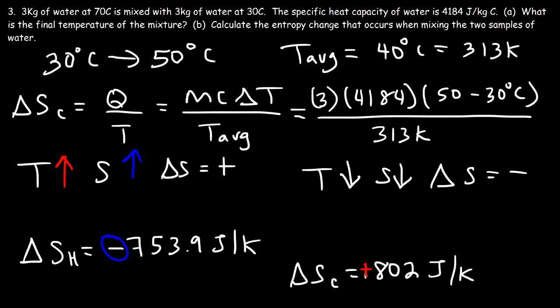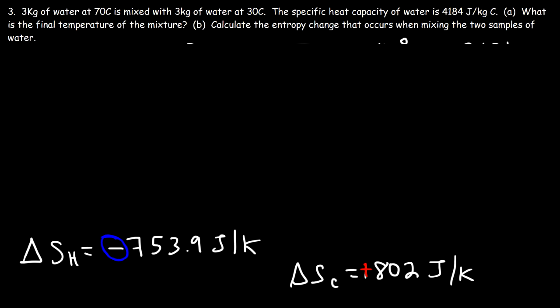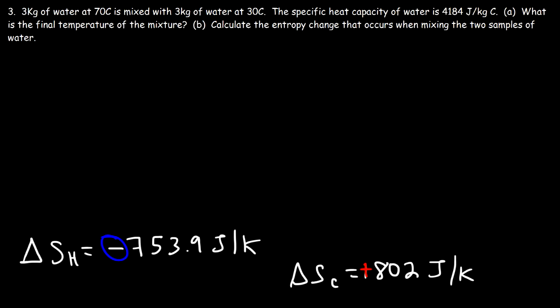So now we can calculate the total entropy change. So the total entropy change is simply going to be the sum of the two values that we have below.